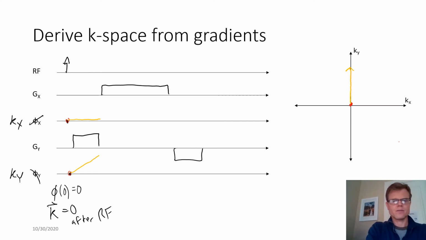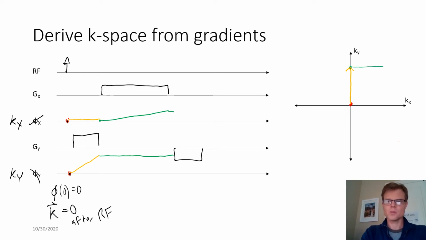Okay. In our next interval here, we said we have phase accumulation or k-space traversal in the x direction, but the y direction is fixed. So that would be represented by we start here, we move our trajectory along the x direction.